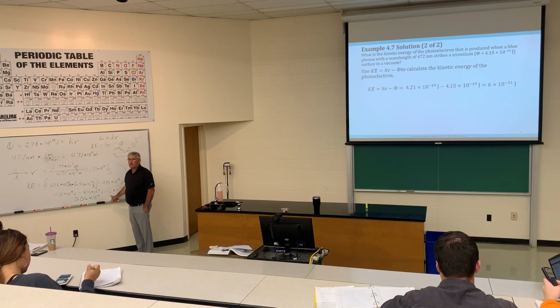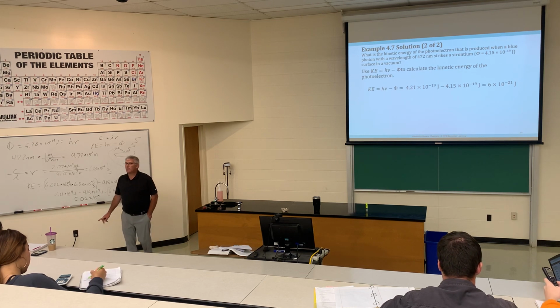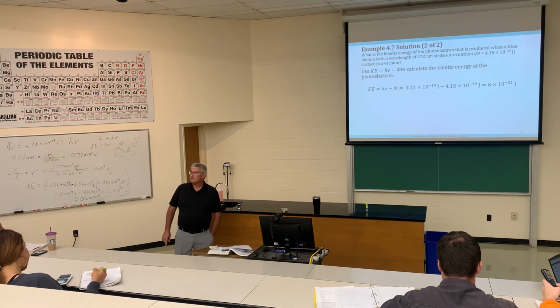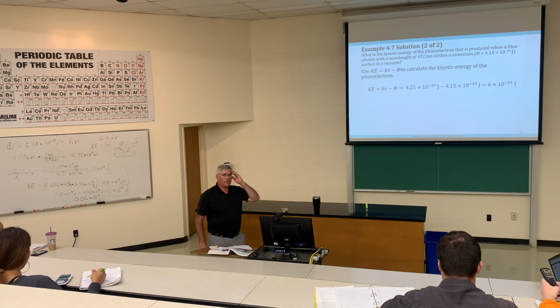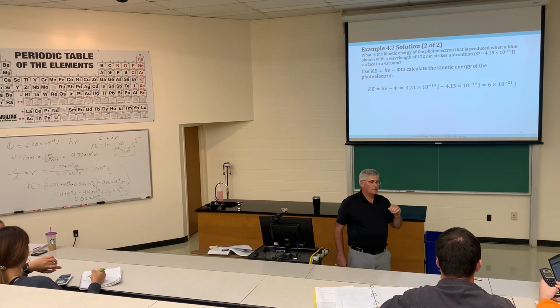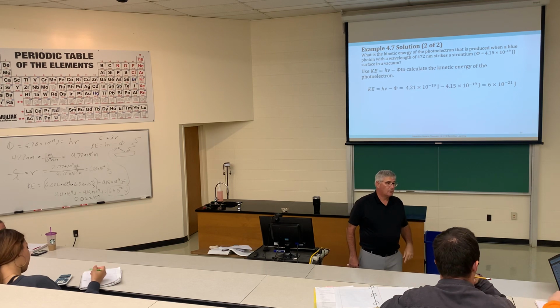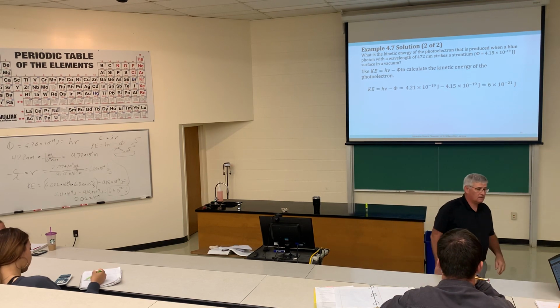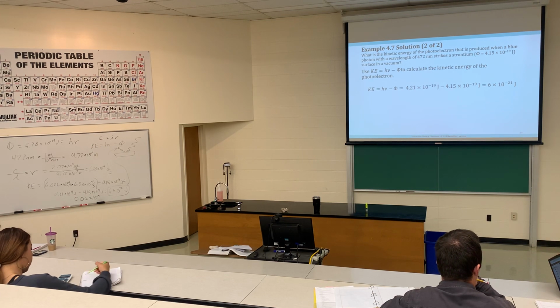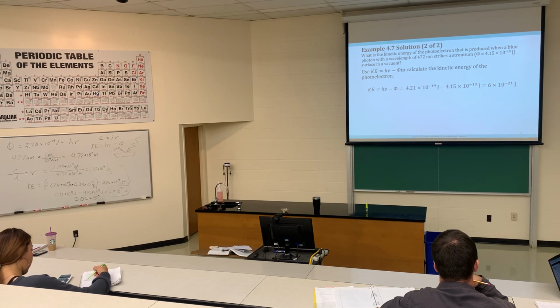If you're not getting the right answer, put the whole 4.21 times 10 to the minus 19 in one parenthesis. Are you using the engineering notation button, the E button, when you do the powers of 10? If I do 10 and then go second E, does it E? Okay.